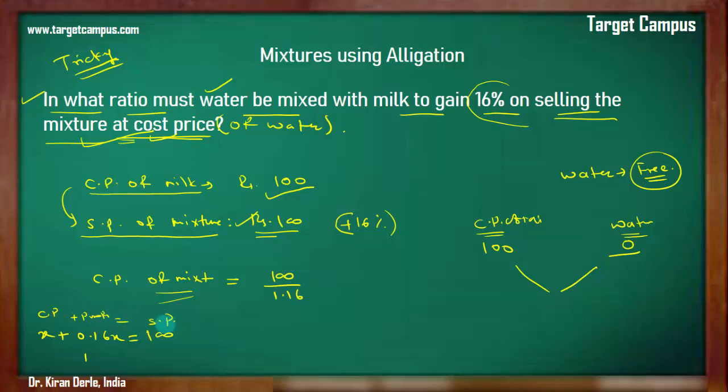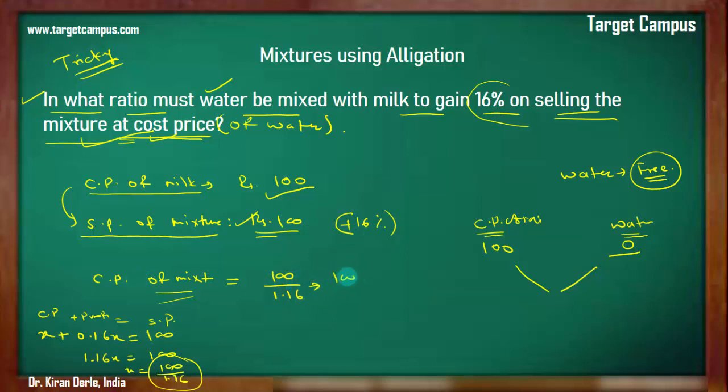Cost price plus profit gives us selling price. 1.16x is equal to 100, x is equal to 100 upon 1.16. This is how we go technically, but no need to do this. If you have 16% profit, divide the selling price by 1.16 and you will get the cost price of the mixture.